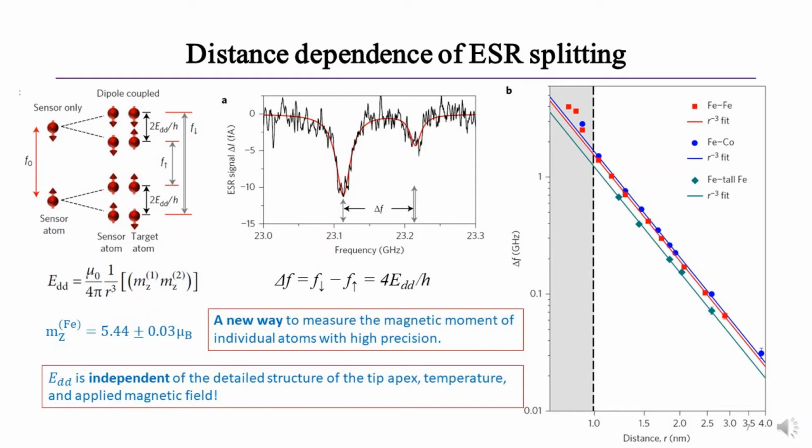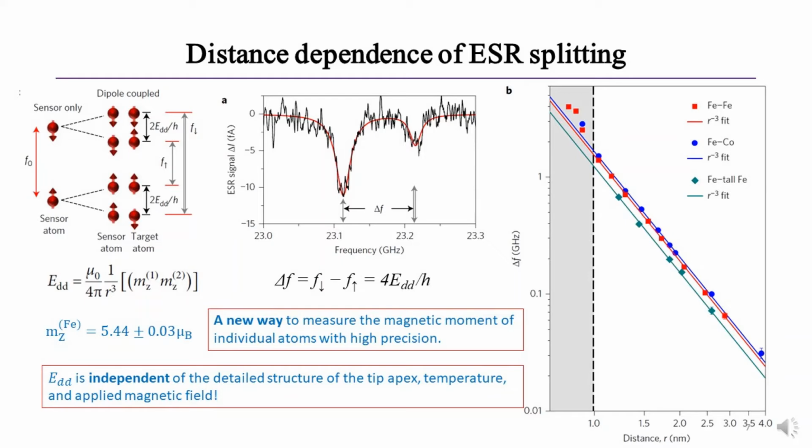When the distance is greater than 1 nanometer, we can see from this picture that it fits excellently with the exponent alpha equals -3. However, when the distance d is lower than 1 nanometer, the coupling deviates remarkably from a pure dipole-dipole interaction, which indicates that it is influenced by an additional interaction, such as exchange coupling.